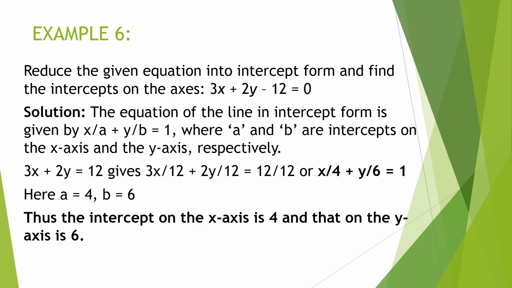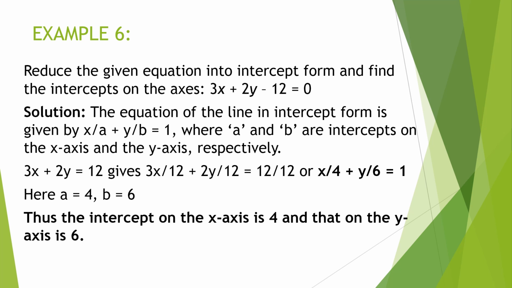Similarly, in the next example, reduce the given equation into the intercept form and find the intercepts on the axes. The equation is 3x plus 2y minus 12 equal to 0. Now what is the intercept form? x upon a plus y upon b equal to 1. The equation of the line we are given is 3x plus 2y equal to 12. Since we want 1 on the right hand side, we divide the whole equation by 12.